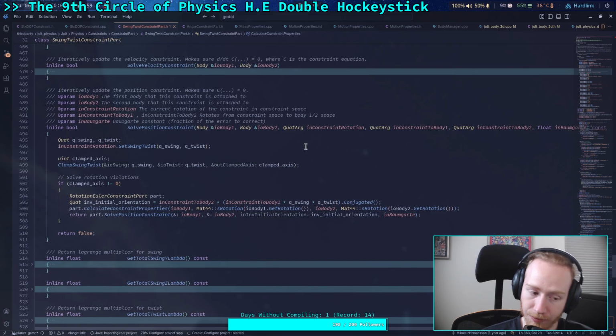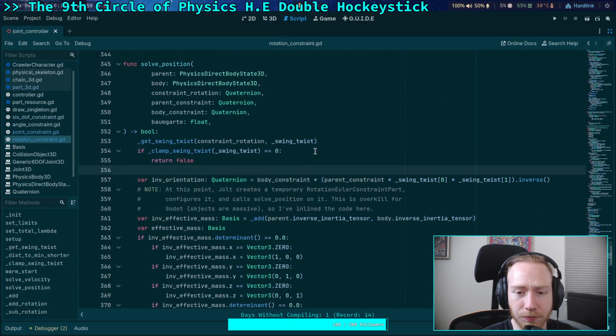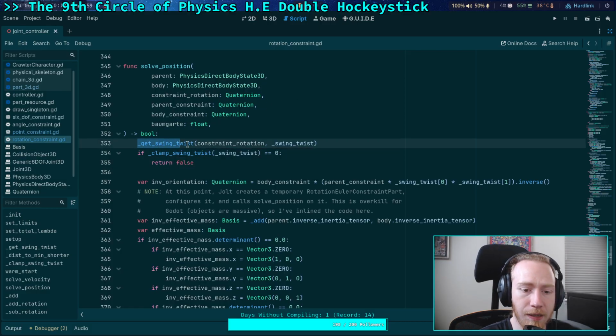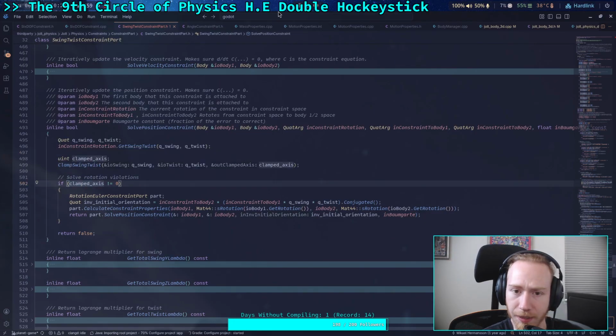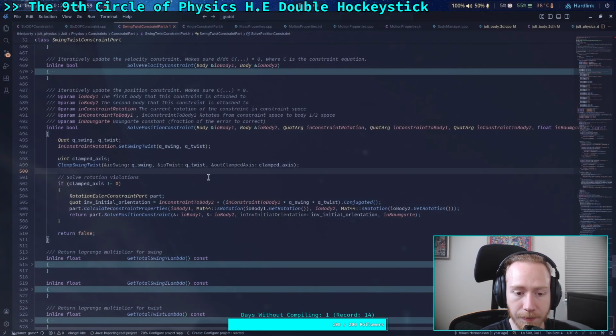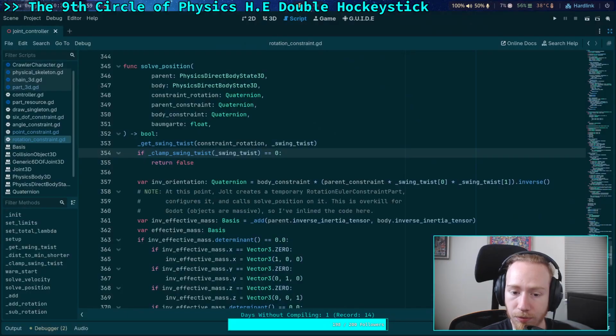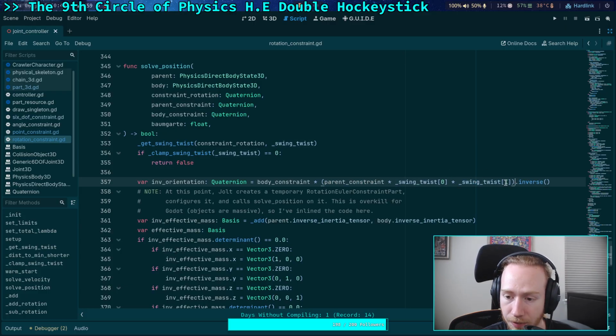Drawing messages with the rendering server. Like multi-meshes. I'm sure that's correct. Clamp, if clamp is not equal to 0, we do this. So if it's equal to 0, we return false. Constraint to body 2. Body 2, body 1. Rotate by this, inverse that.